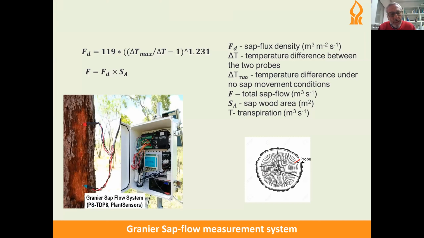We measure the transpiration using the Granier system, which basically measures the change in the temperature of the water which is flowing in the xylem of the tree as a result of heating. Having a heater which heats the water, we measure the temperature difference between the heated and the non-heated water.